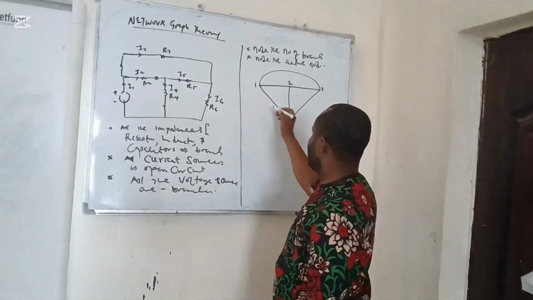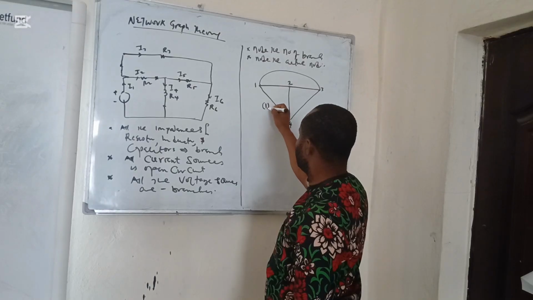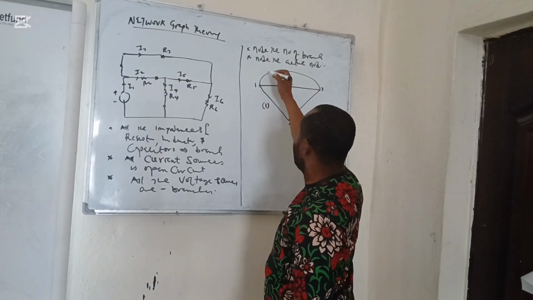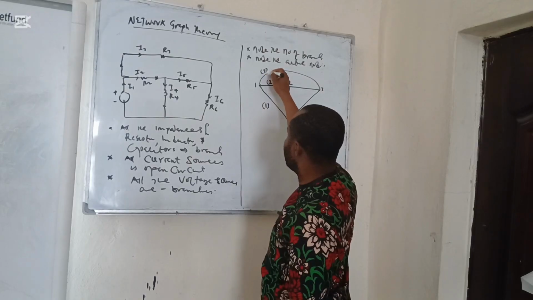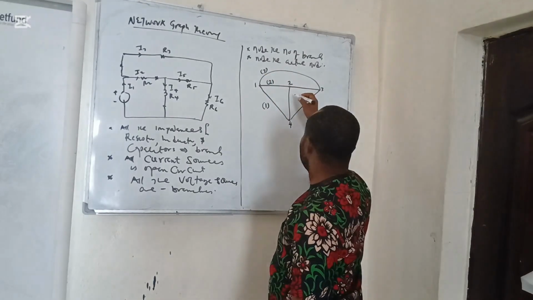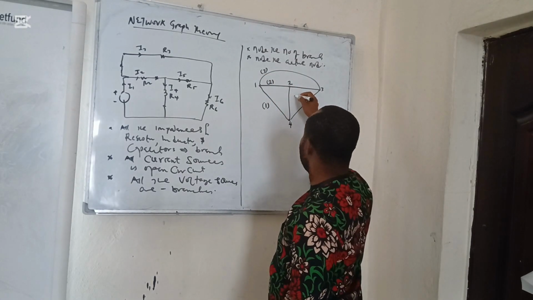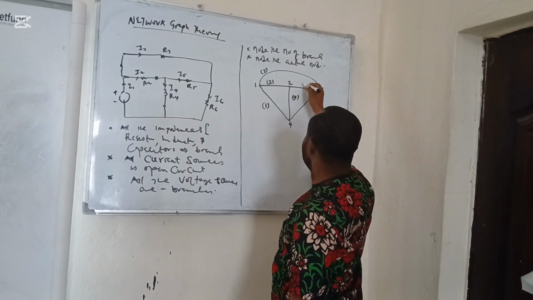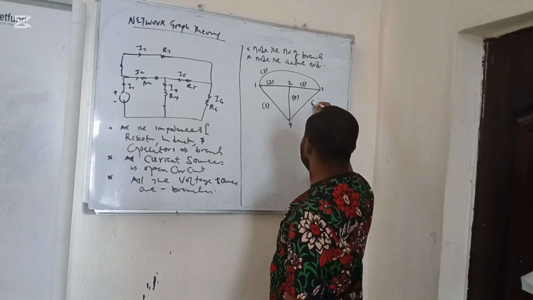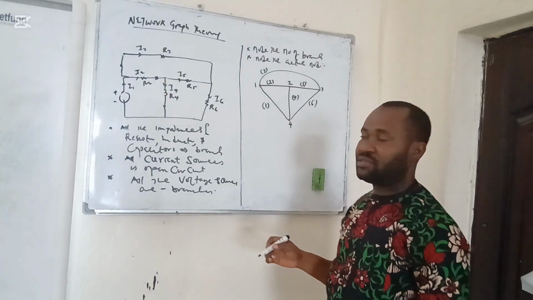So at this point, we can use this as branch 1. This will be branch 2. This is branch 3. We have branch 4. I also have 5. And finally, we have 6.